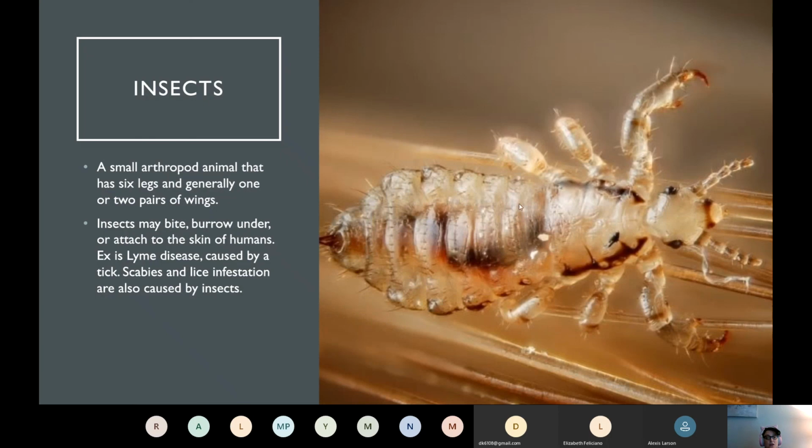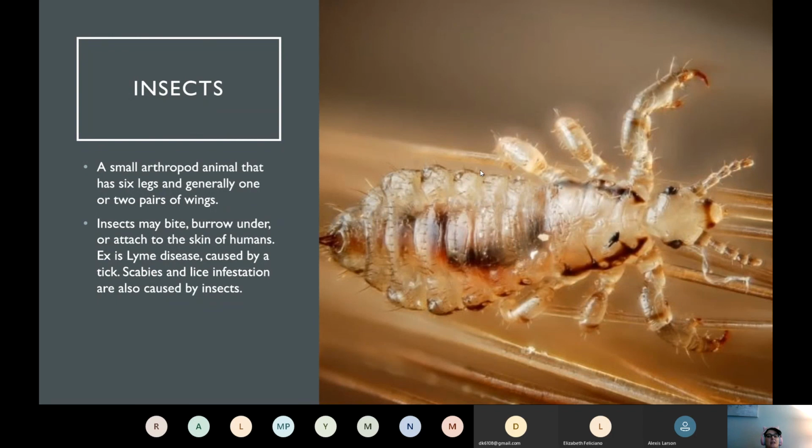The next thing we're going to talk about, like I said, we're going to go a little bit longer, is insects. Insects fall into the arthropod group, and they usually have 6 legs and a pair of wings.